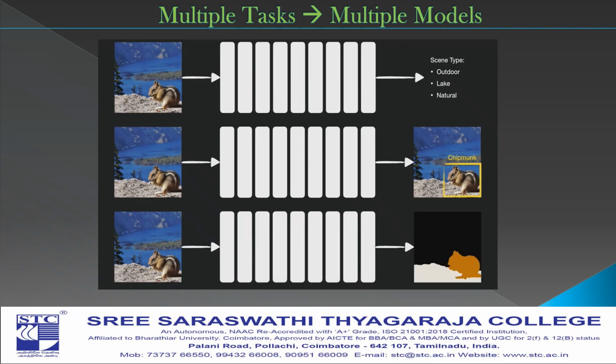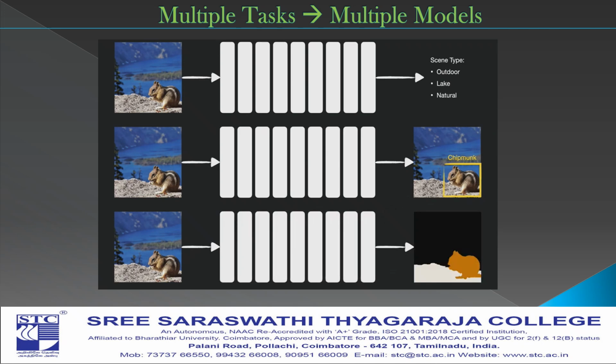So this is a model diagram where, like I said earlier, there are three tasks. The first one is a classification task. The same image is given. This is the image. There are three models here, right?